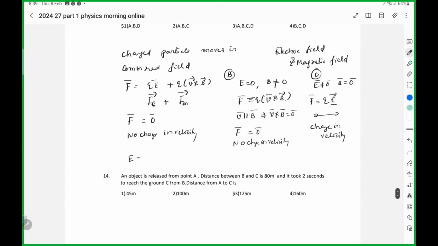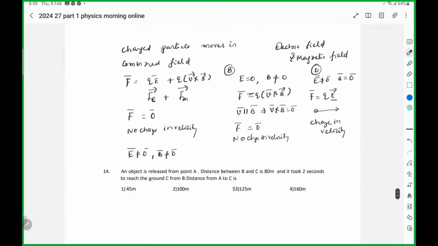Last case, when E is not 0 and B is not 0, there is one possibility. Suppose the electric field is in the downward direction and the magnetic field I will take inwards, that is in the minus k direction.